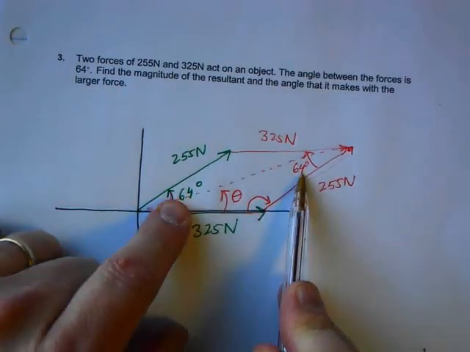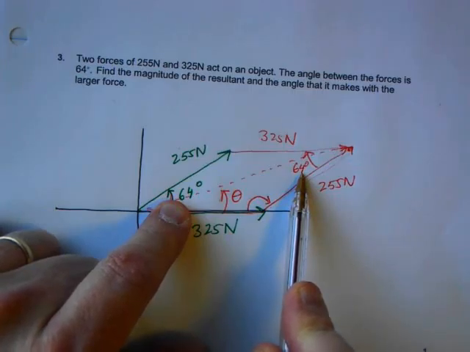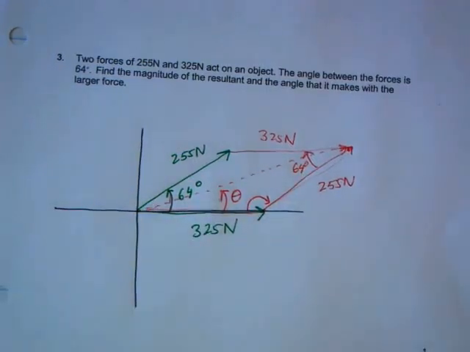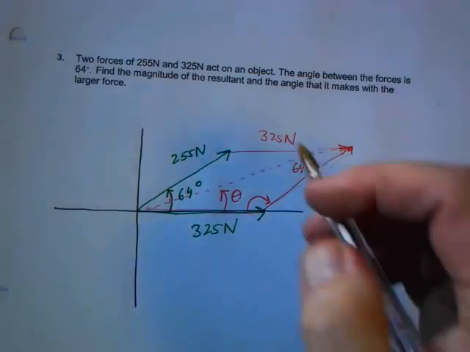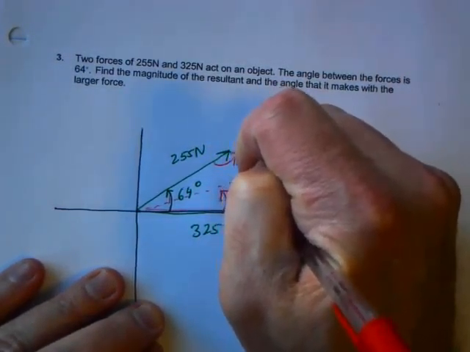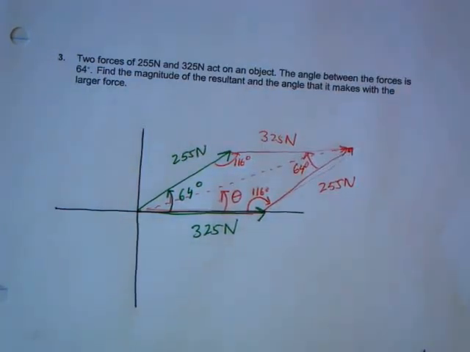So I add these two together, and you can either subtract from 180, that would work, or you subtract from 360 and divide by 2. Either one would work. So we can find that angle. So how much is that angle? 116. So this angle is 116, which means this angle is also 116. All right, so there's that important fact that we needed, that the angles add up to 360.